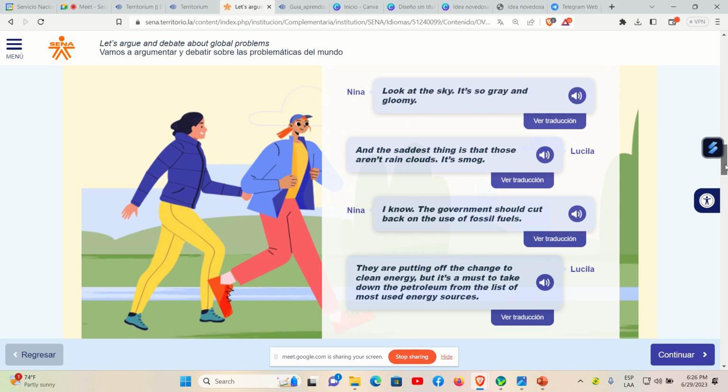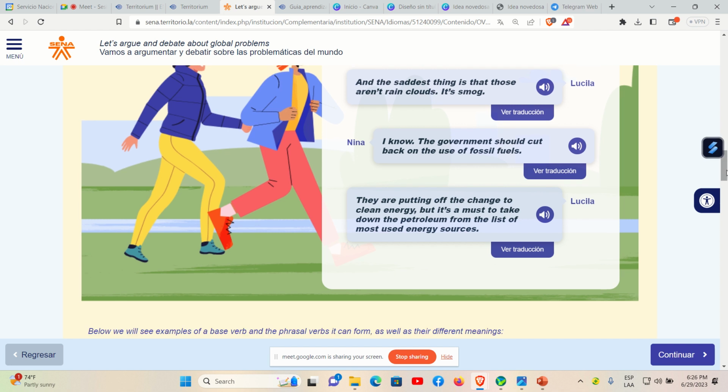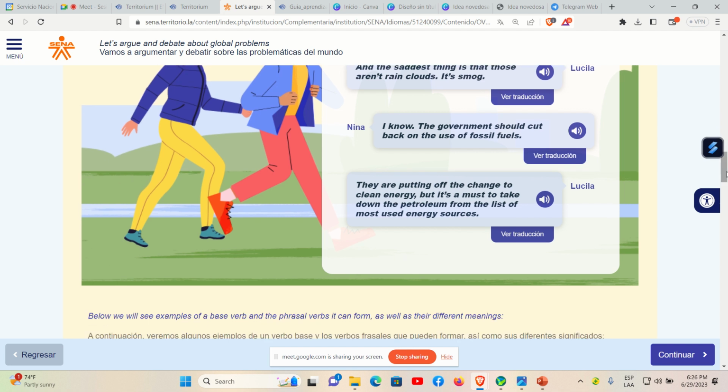Okay. Then next one. In this second one, there isn't. And the saddest thing is that those aren't rain clouds. It is smoke. Smoke es creo que sí, esa pollution, ¿cierto? Okay. I know the government should cut back on the use of fossil fuels.